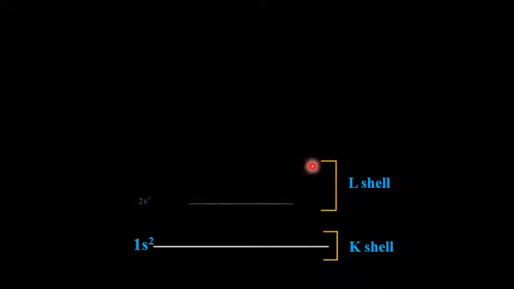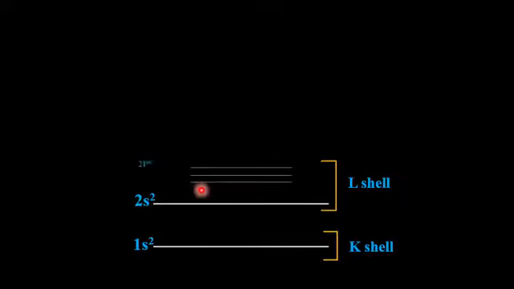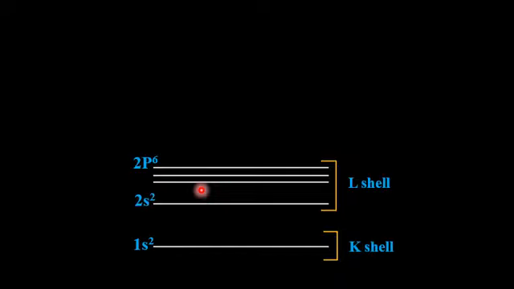One subshell is known as the 2s2 subshell, and the second subshell is known as the 2p6 subshell. So the maximum number of electrons in the L shell of an atom is 8.